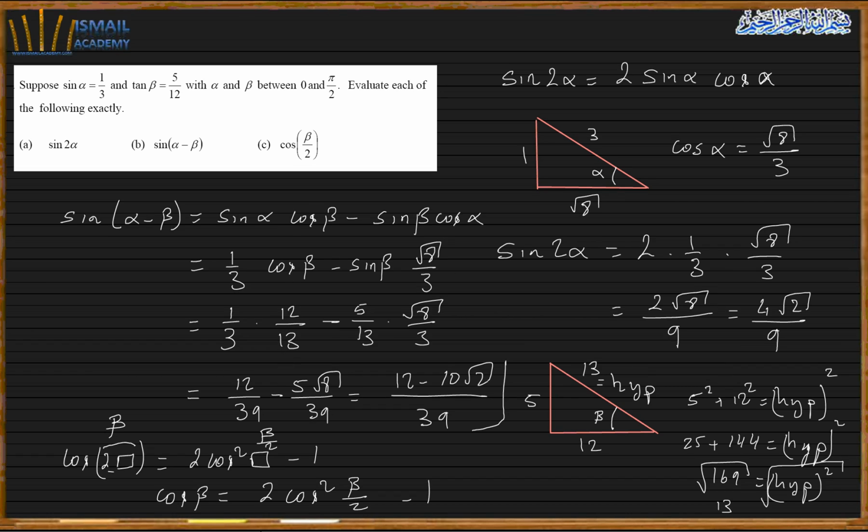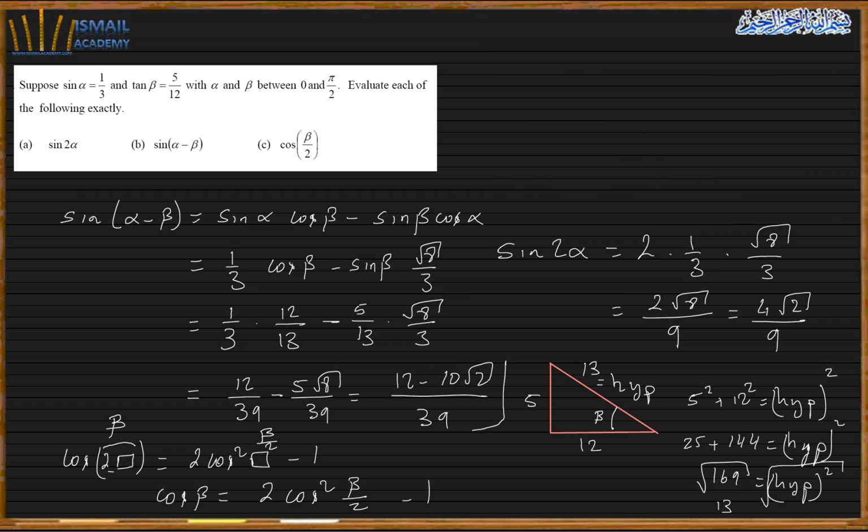So I just need to evaluate the expression here. Let me use the top here to get my answer. So I know that cosine of beta is 2 cosine square beta/2 minus 1. So I'm going to move the 1 to the other side. So it's going to be cosine of beta plus 1 equals 2 cosine square beta/2.